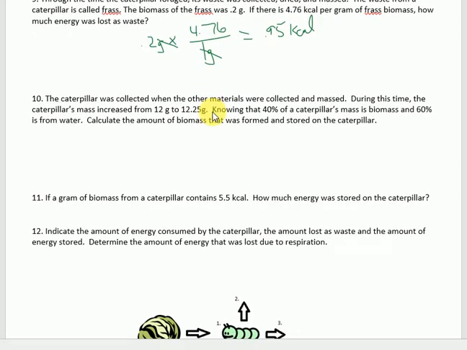The caterpillar was collected when the other materials were collected and it was massed. During this time, the caterpillar's mass increased from 12 grams to 12.25. Knowing that 40% of the mass is biomass and 60% is water, calculate the amount of biomass that was formed and stored in the caterpillar. The change was 0.25, and they told us that 40% is biomass, so we take it times 40% and end up with 0.1 grams of biomass.